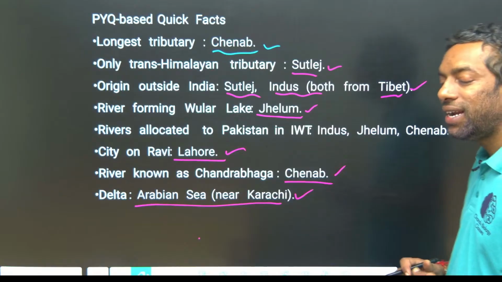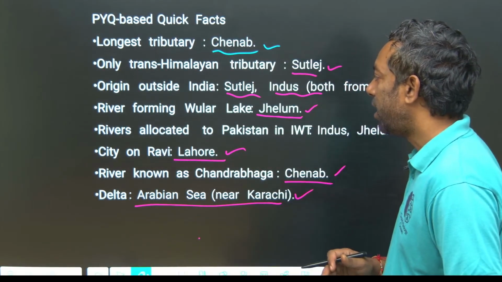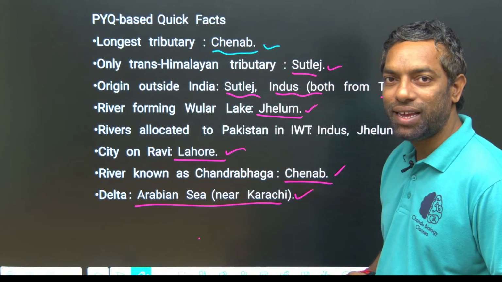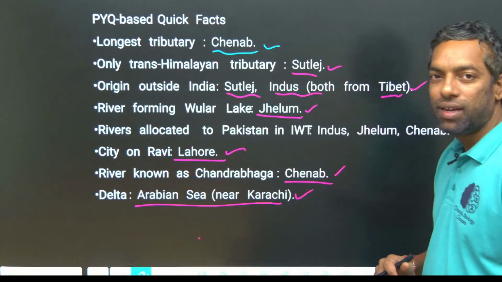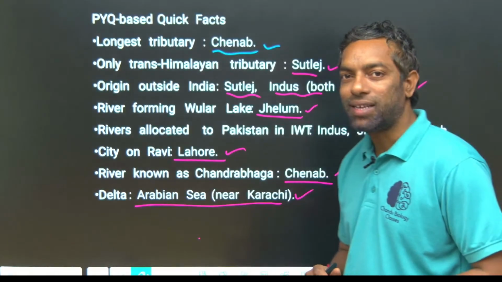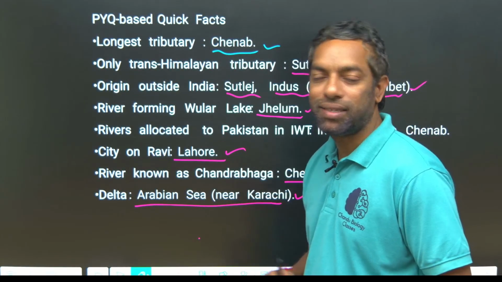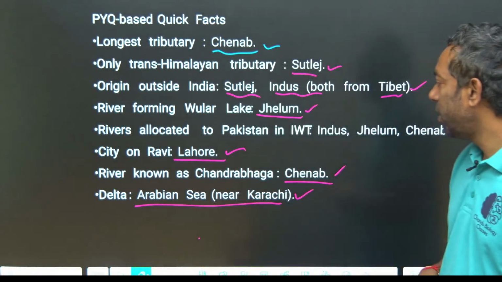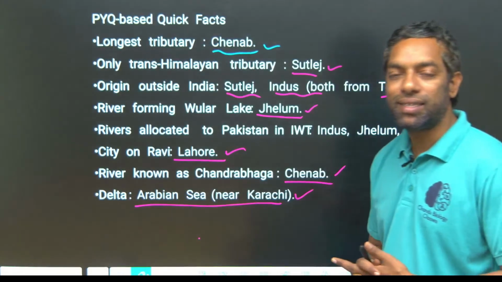Under the Indus Water Treaty, Jhelum, Indus and Chenab are allocated to Pakistan, and Ravi, Bias and Satluj are for India. The Indus delta is in the Arabian Sea.